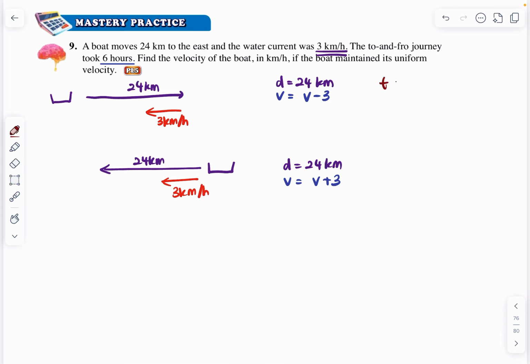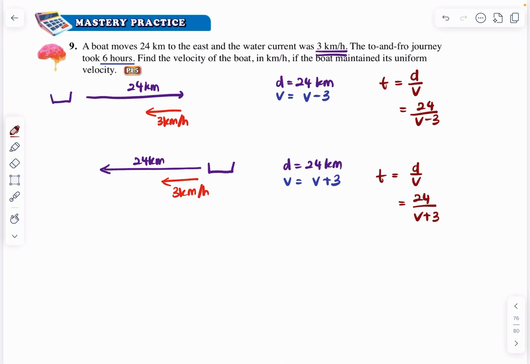Time would be distance over velocity, therefore 24 over v minus 3. This is the time for the top journey, the boat moving from left to right. And then the time here would be distance over velocity as well, so distance is 24, velocity is v plus 3.